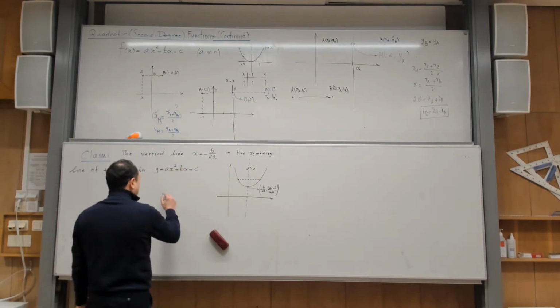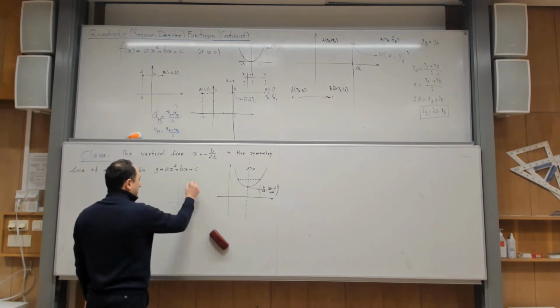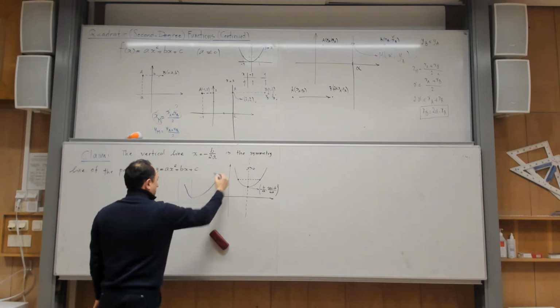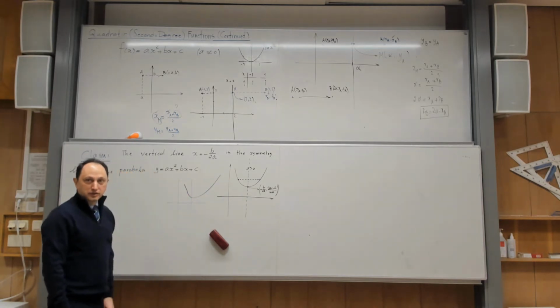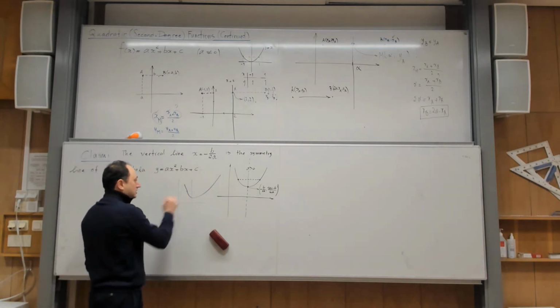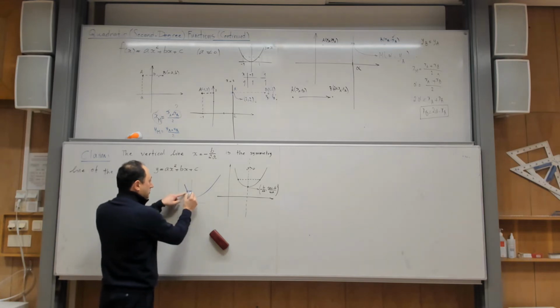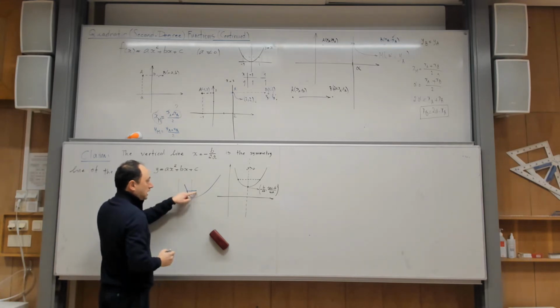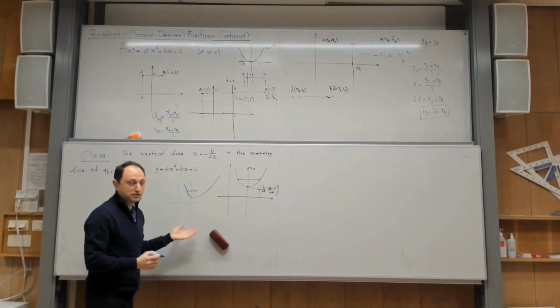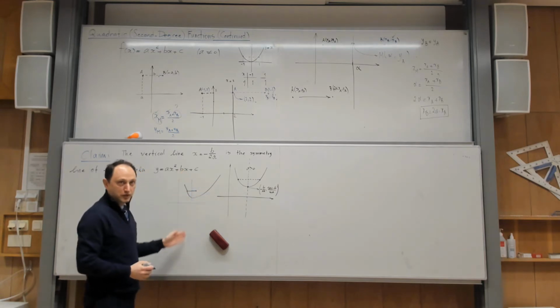If, for example, this line is not the line of symmetry, like this, and I take this point and find its mirror image, it becomes here, and this is no longer on the parabola. This is not symmetric with respect to this line.